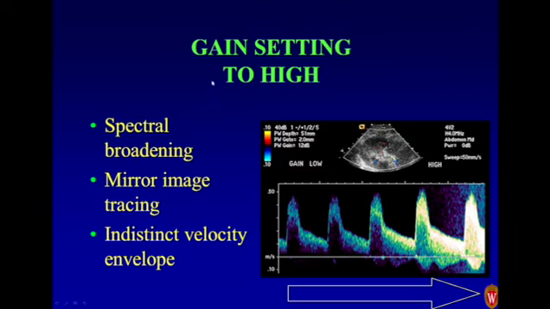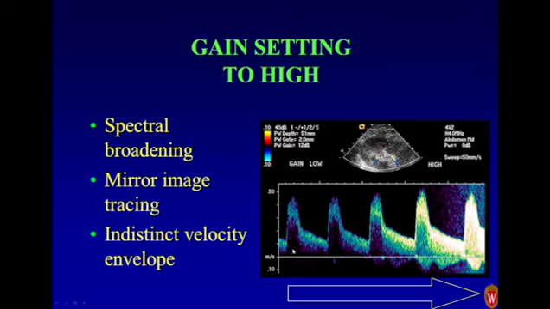All right. What happens when I take this gain and I turn it too high? What I get is spectral bandwidth broadening, mirror imaging in the tracing, or an indistinct velocity envelope. So here's a tracing, and it's a kidney transplant. And what I've done here is take the gain and crank it up as I go across this tracing.